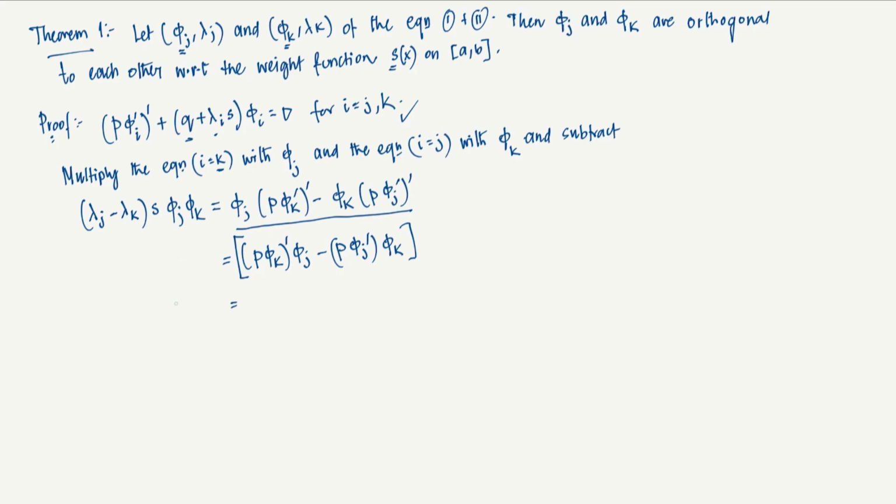So I should write it here. Check this part, that this becomes p of phi j phi k prime minus phi k prime, one second, phi j prime, sorry, phi j prime phi k.